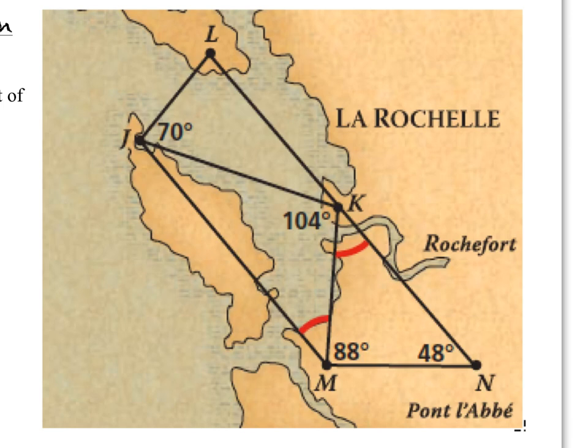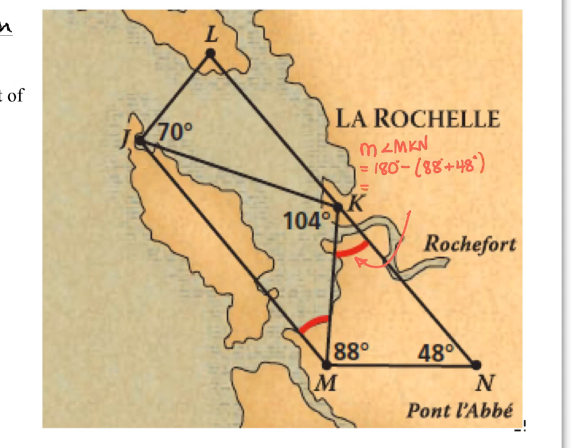In the triangle all the way on the right-hand side, we see that we have two angle measurements, 88 degrees and 48 degrees. And we know, therefore, because of the triangle sum theorem, that we can find the measure of the missing angle. The measure of angle MKN is going to be 180 degrees minus the sum of the two angles that we know, 88 degrees and 48 degrees.